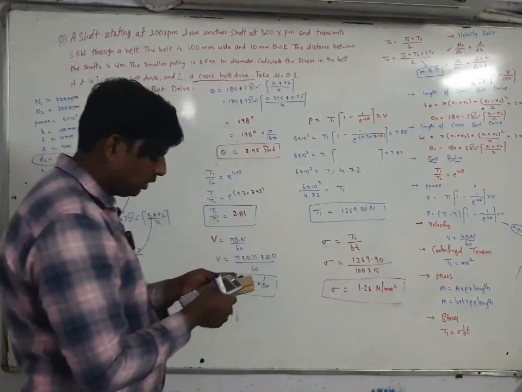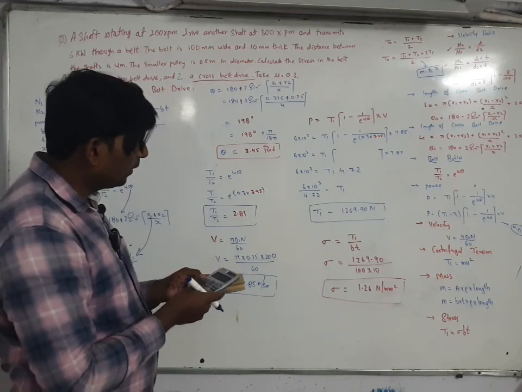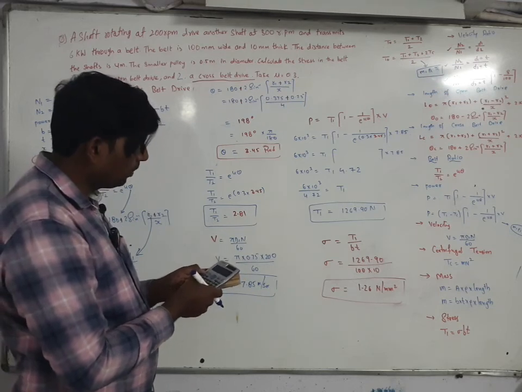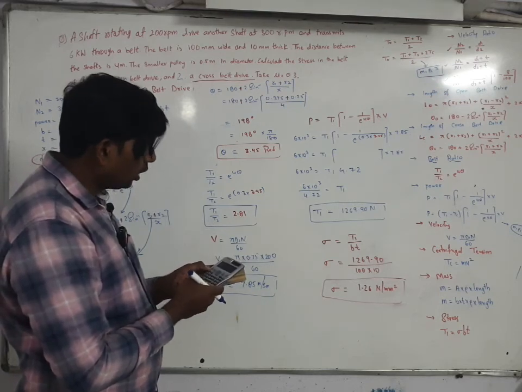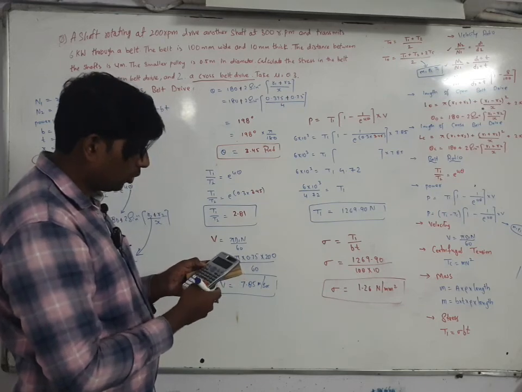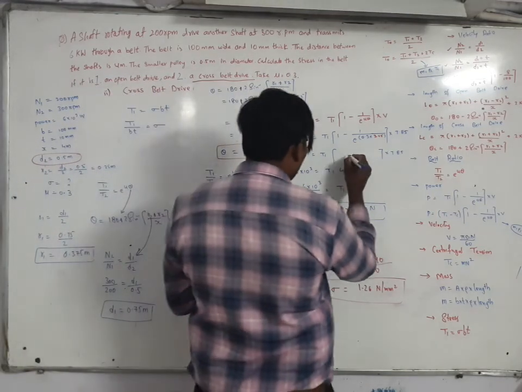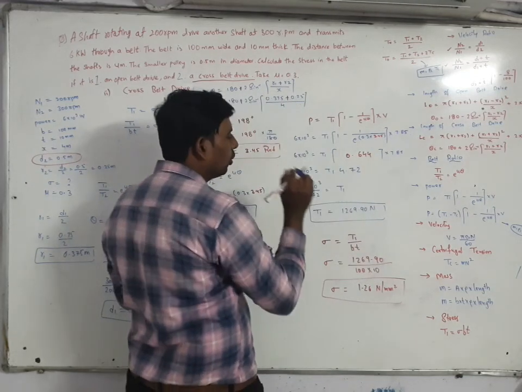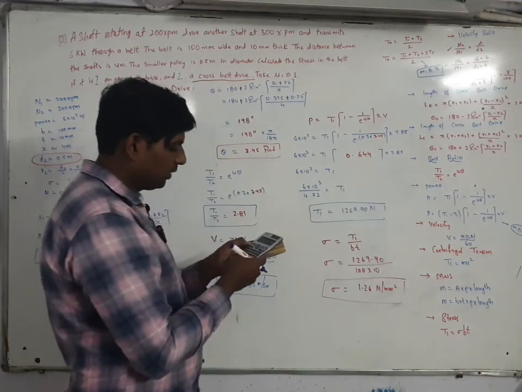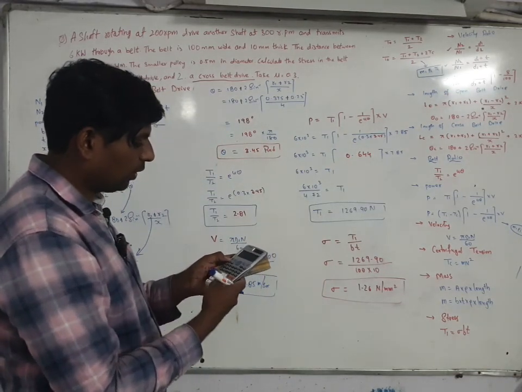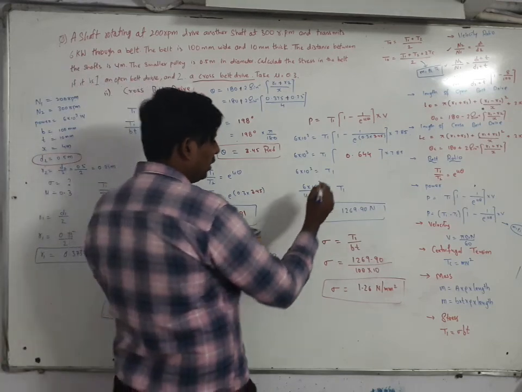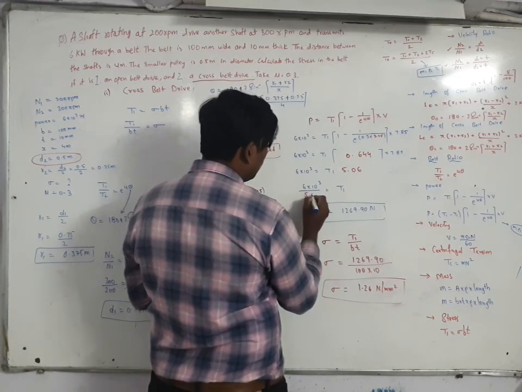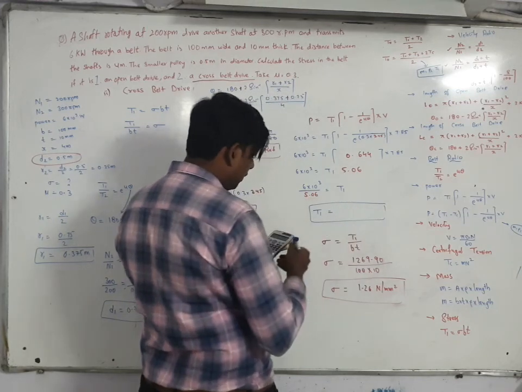So the answer will be 1 minus 1 divided by e to the power of (0.3 into 3.45), which is 0.644. Then multiply this answer with 7.85, and you will get 5.06. So the T1 value is 5.06.